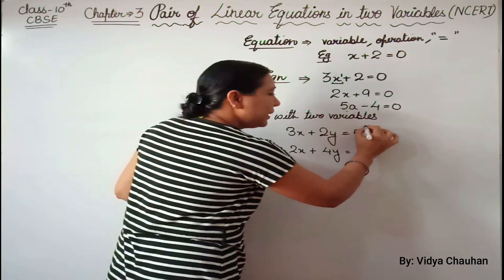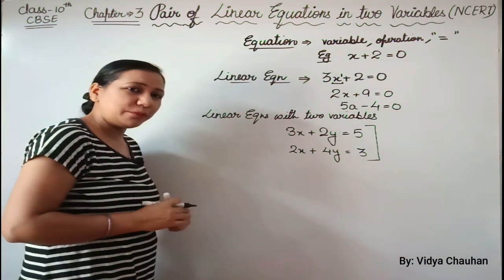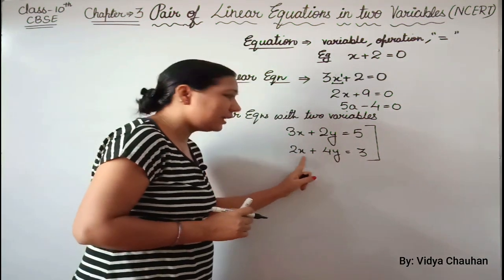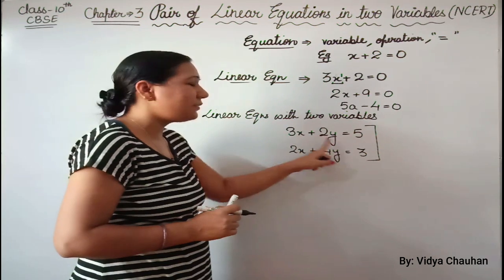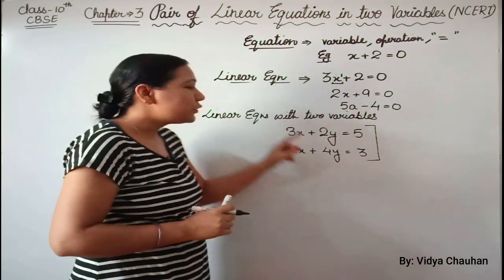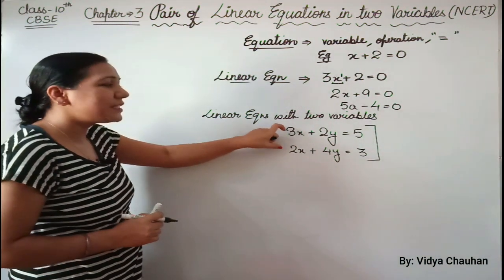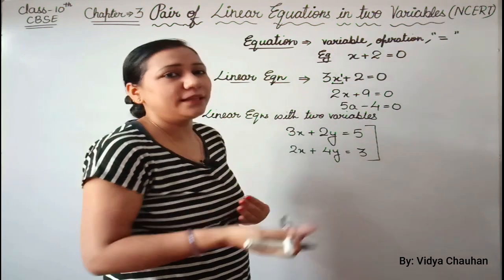When you are given two equations in two variables, with the same variables also, yes, it is important. If in the first equation x and y are the variables, the second equation should also be with x and y. If two equations with the same variables are given to us, then we can find its solutions.